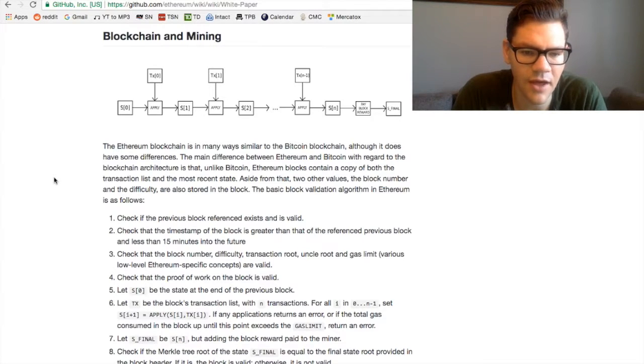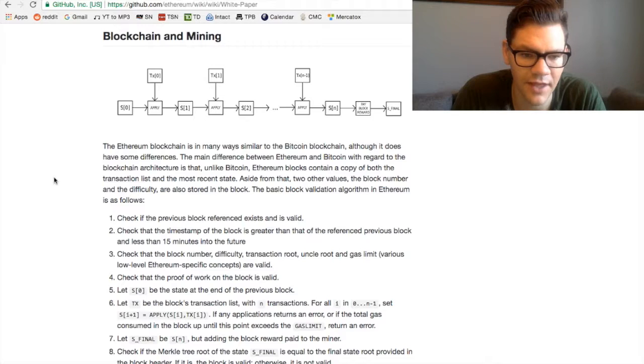Check that the block number, difficulty, transaction root, uncle root, and gas limit (various low-level Ethereum-specific concepts) are valid. 4. Check that the proof of work on the block is valid.